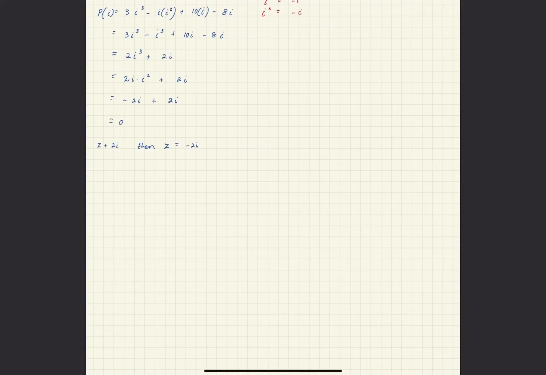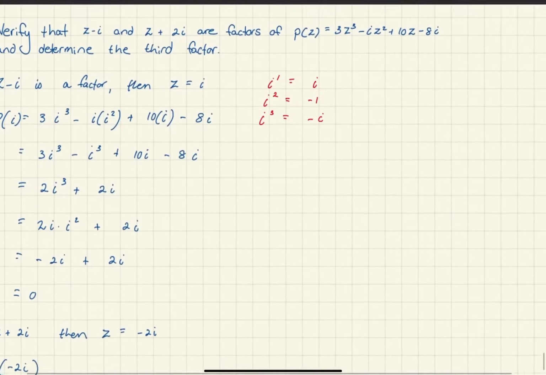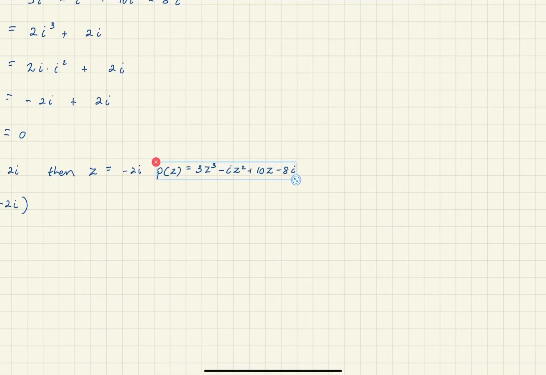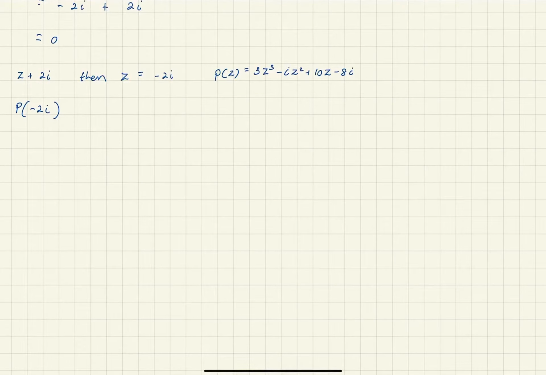Okay, so let me substitute that into p of -2i, copy this down so I don't make a mistake. p of negative 2i would then equal, so we've got 3 times negative 2i cubed minus i times negative 2i squared plus 10 times negative 2i minus 8i.